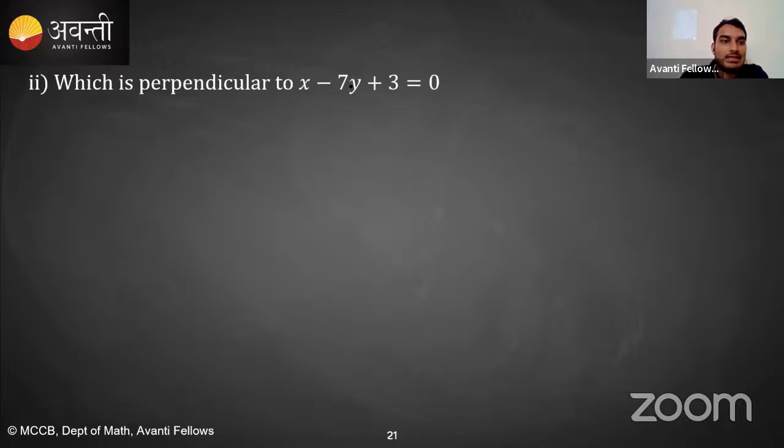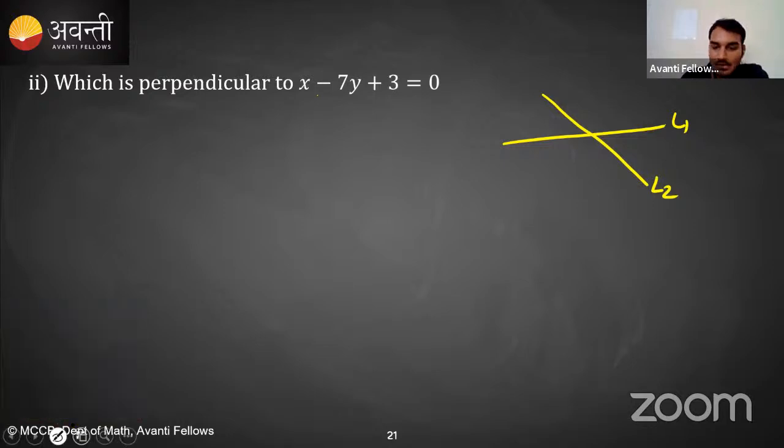The next question is saying that the required line is perpendicular to this. Let's say this is L1, this is L2. What is L1?